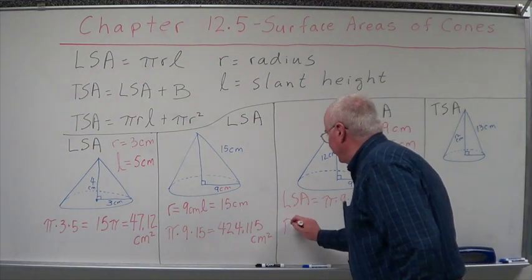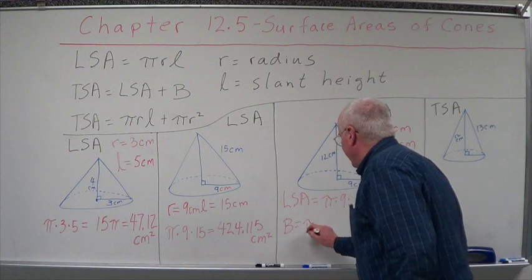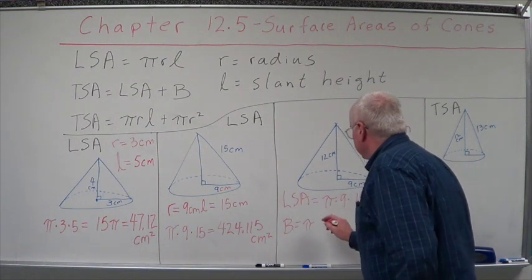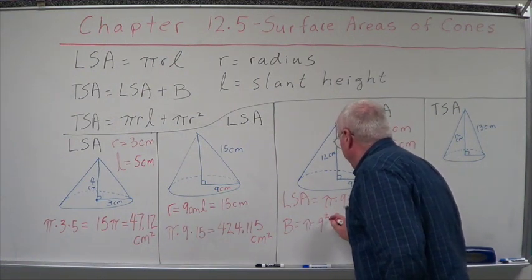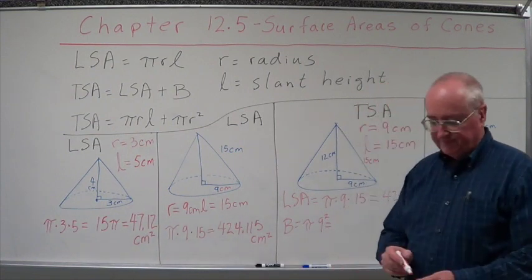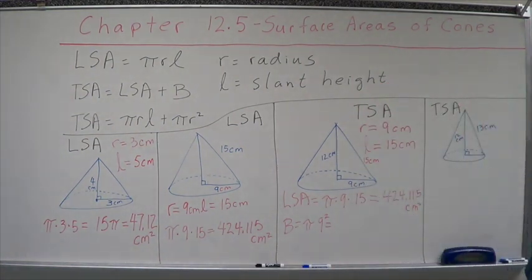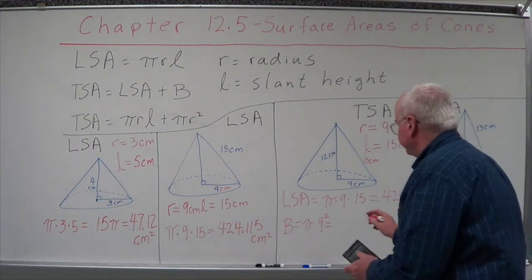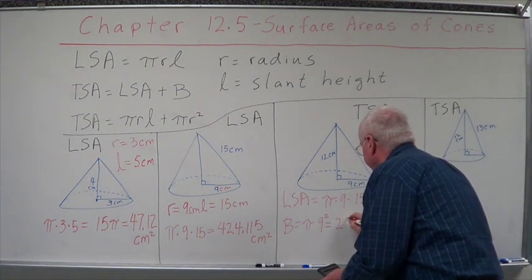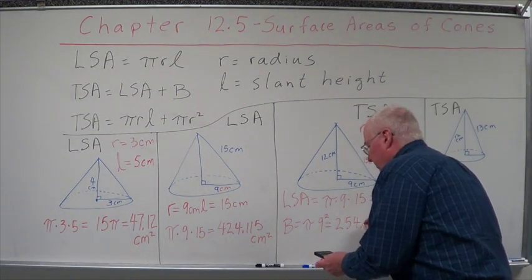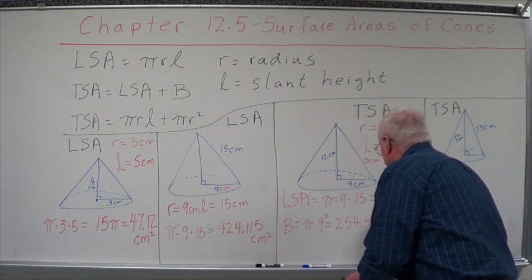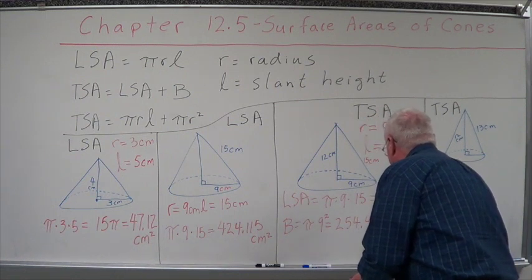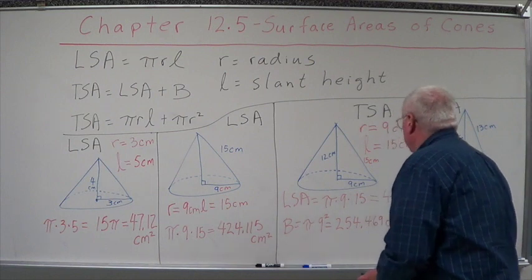Well, we need to add to that our B, which is pi times 9 squared equals 81 times pi, which is 254.469 centimeters squared.